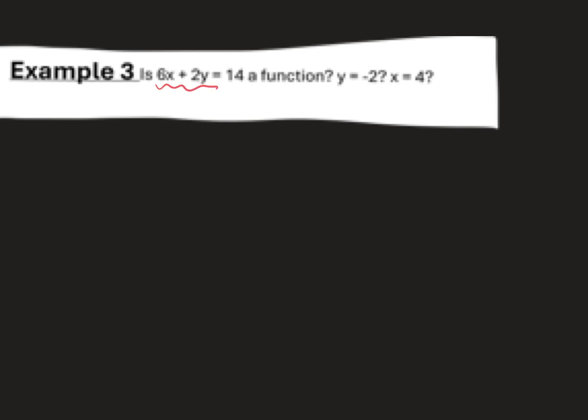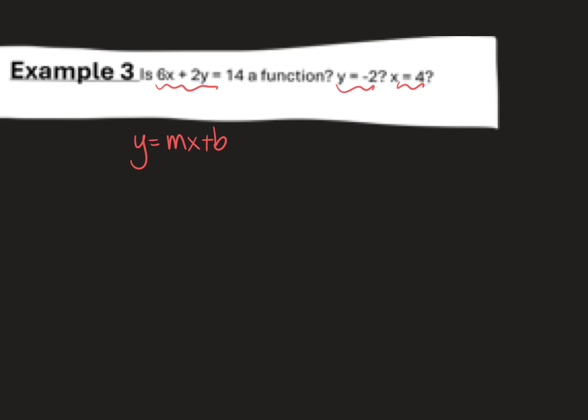All of my examples here are equations of lines. If your line can be written in this form, y equals mx plus b, then it is an equation of a line that is a function.